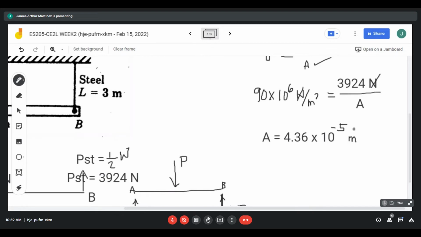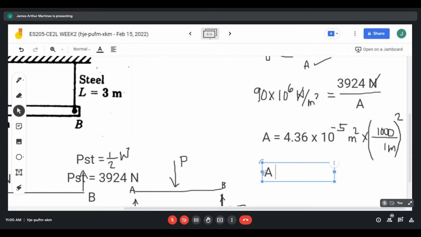So this is in terms of square meter na area, but if ato siyang express in millimeters, then ato lang siyang i-convert. So in 1 meter, you have 1,000 millimeters. Yan lang ko isulat ang mm.